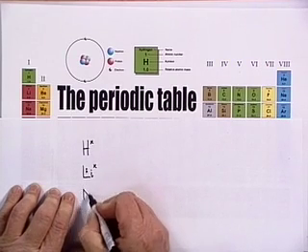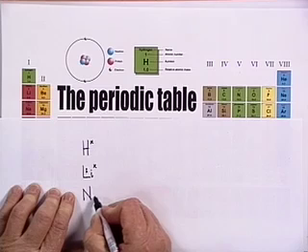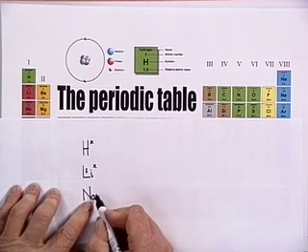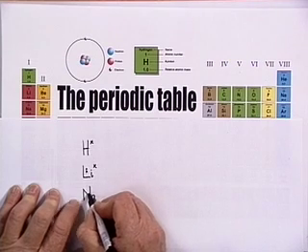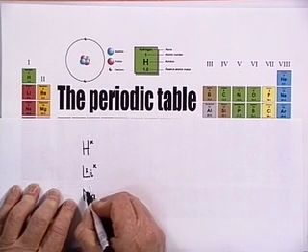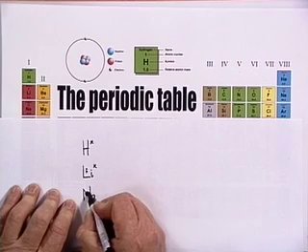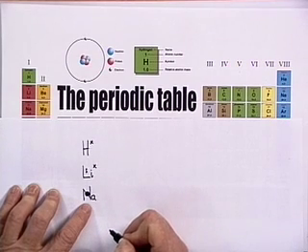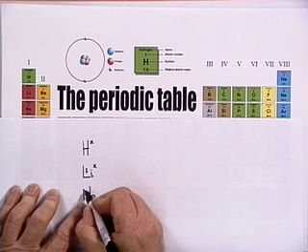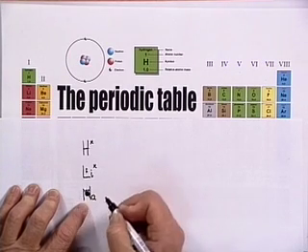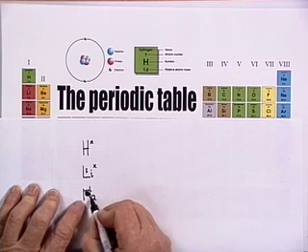What Lewis is saying is that the symbol of the element represents the core electrons, the nucleus and those inner electrons, however many there are, and all we do is show the valence electrons.